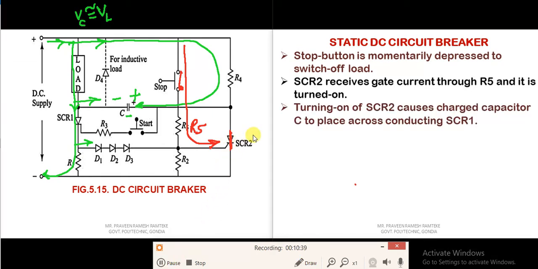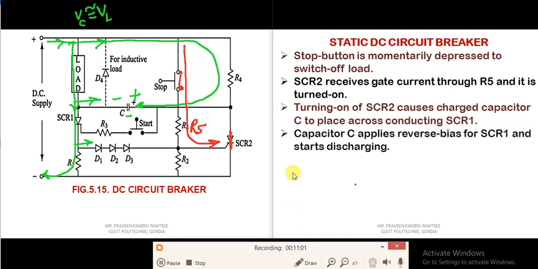As SCR2 is turned on, it acts as a short circuit and it causes the charged capacitor C to be placed across the conducting SCR1. Now the capacitor C applies a reverse bias to SCR1 and it starts discharging.